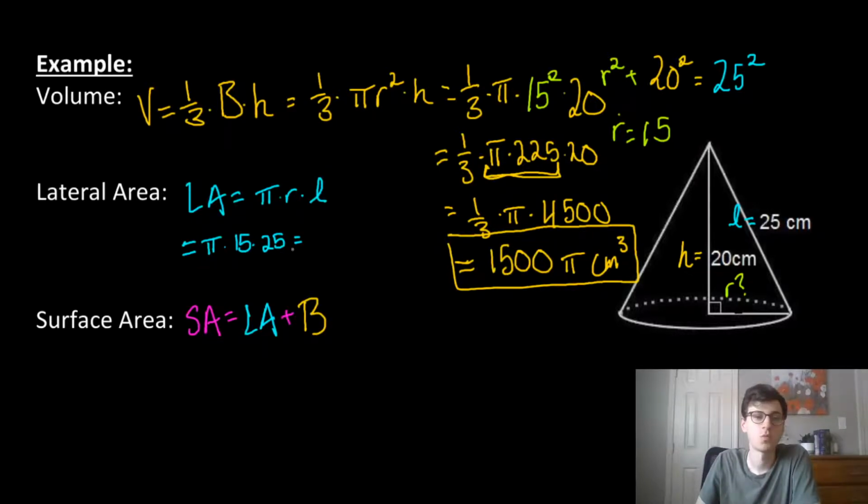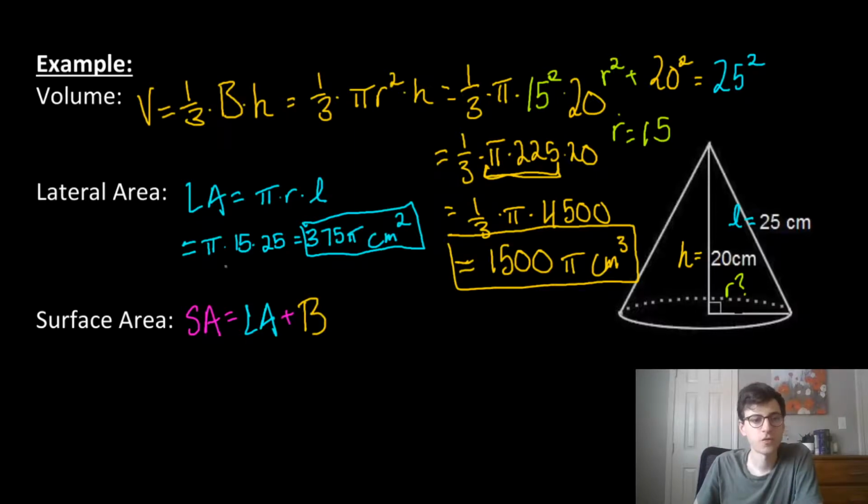I know that's 125. And then 125 times 3 is 375 pi. Of course, you can use a calculator. It's just easier for me to do it in my head while I'm using the computer. And again, this is area, so that's centimeters squared, not centimeters cubed.